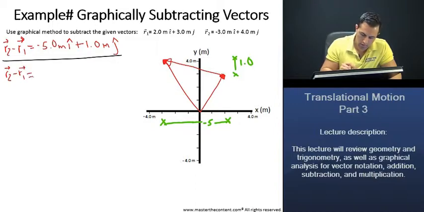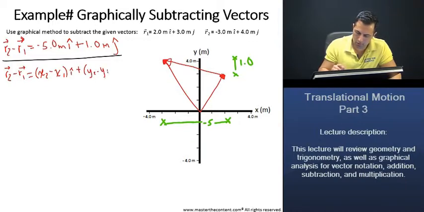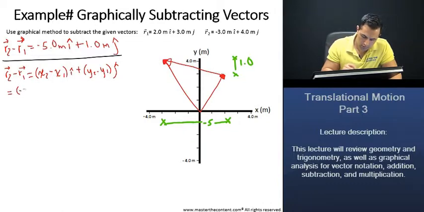the formula here was just the x component plus the y component, as it was showing us. Well, let's go ahead and fill that in. We know that the x component for the second vector was -3 meters.